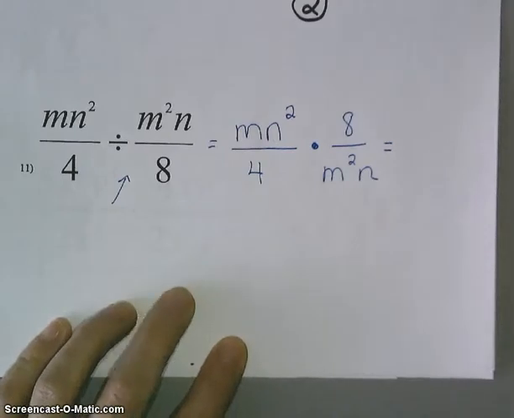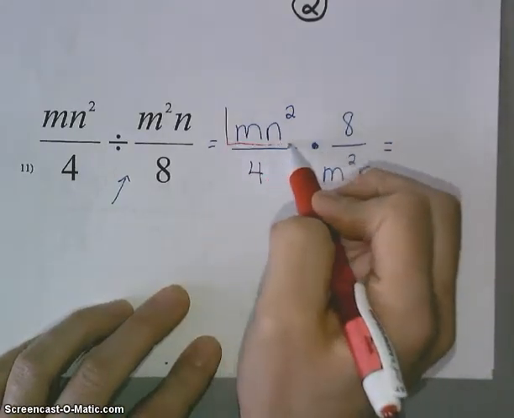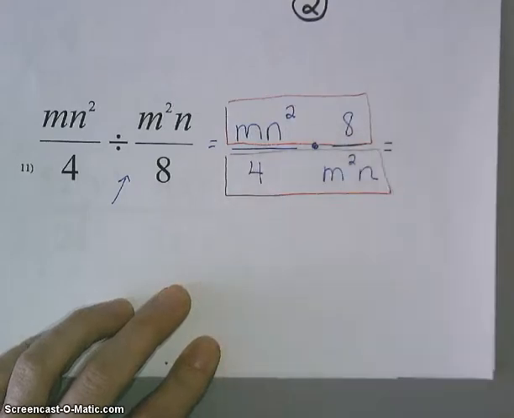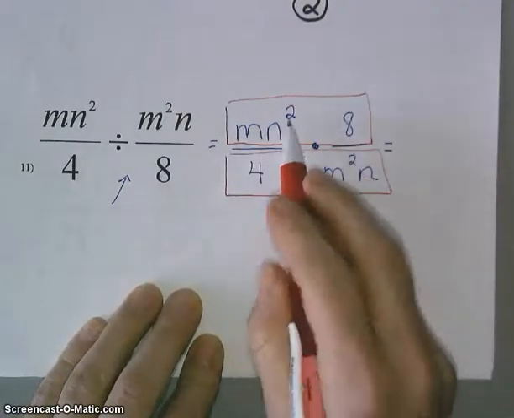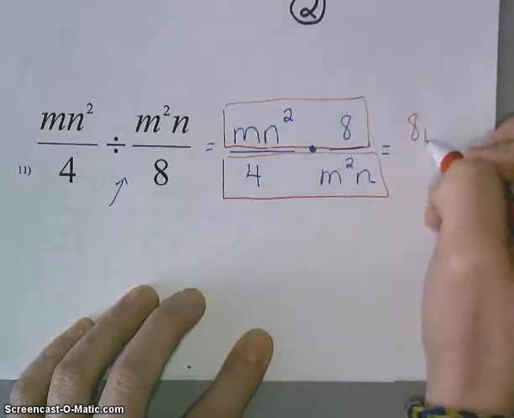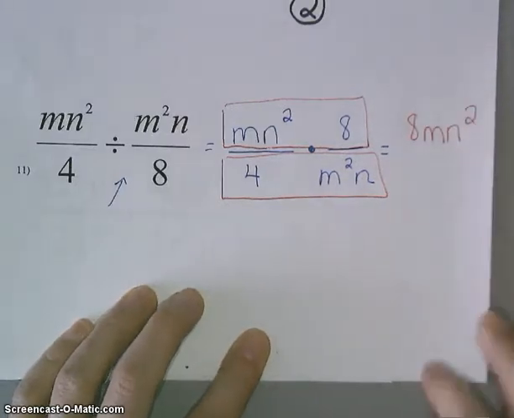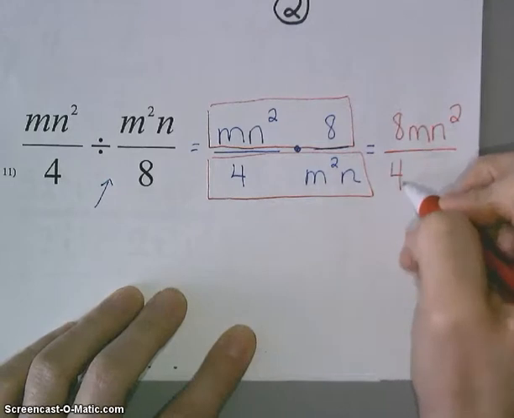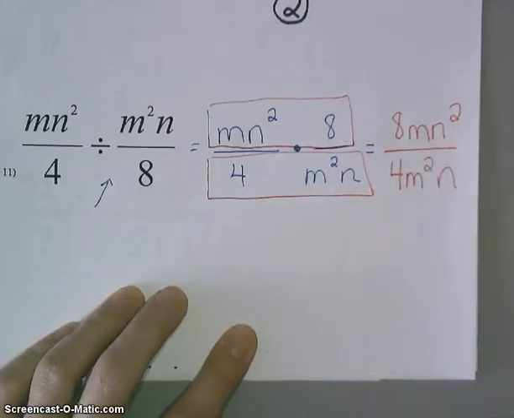If you would like to cross cancel, go ahead and do that, but then compare your answer with mine. Multiply the tops, multiply the bottoms. So I have 8 times mn squared is just 8mn squared. And then I have 4 times n squared m is just 4m squared n.